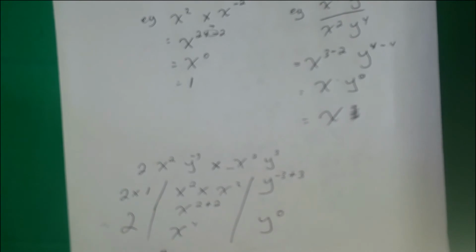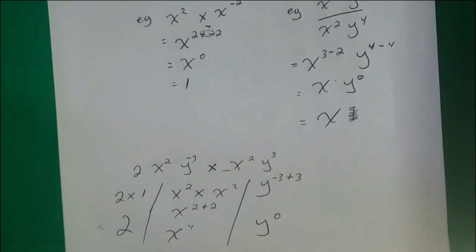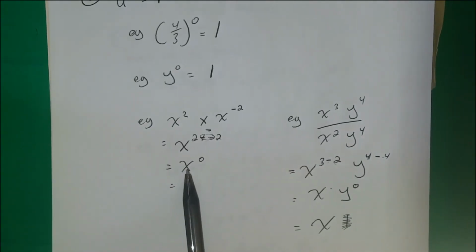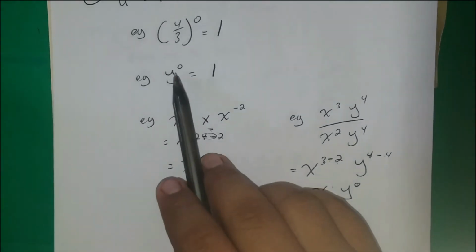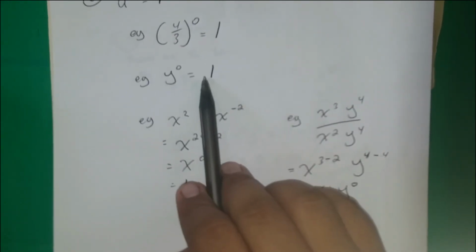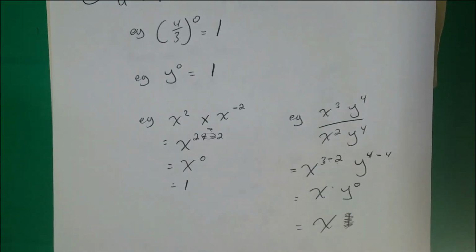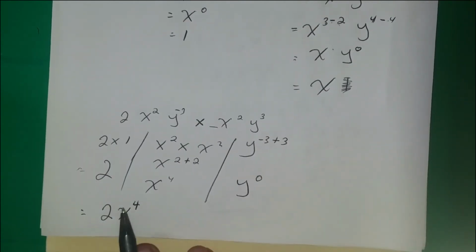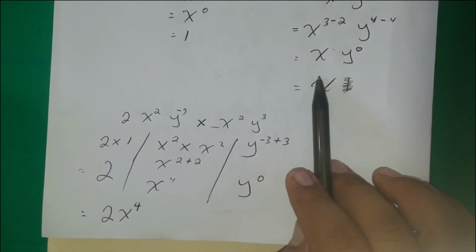But because we already have 2x to the fourth, then we don't need to put a 1. Notice that earlier you ended up only with x to the 0, so you have to put the 1. Y to the 0, you have to put the 1. But here, whenever you have other numbers or other variables in front of it, you don't have to put the 1.